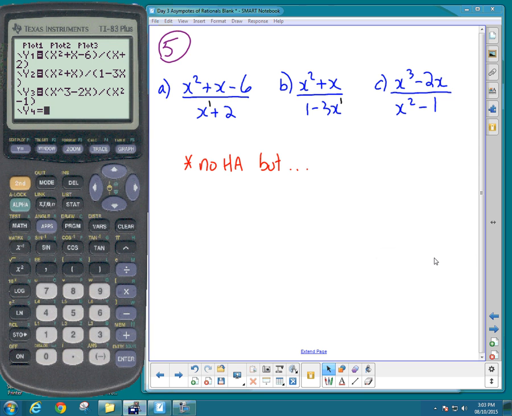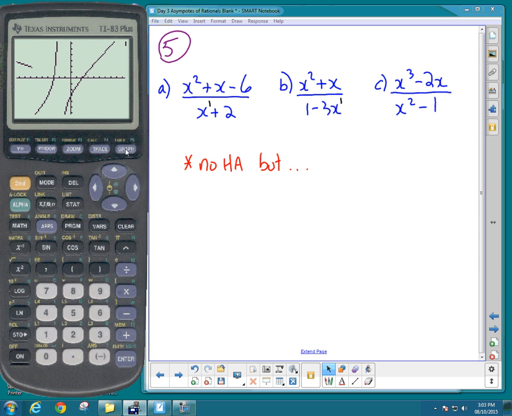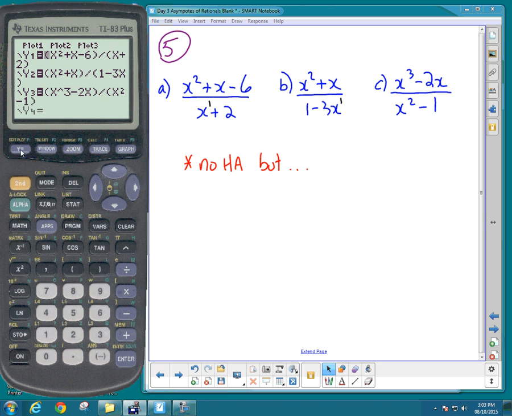So here are the three functions, and let's see if we can see these oblique asymptotes. So again, there's one. This one's coming, and again, we see that oblique asymptote. I think I might have typed something wrong for that guy.